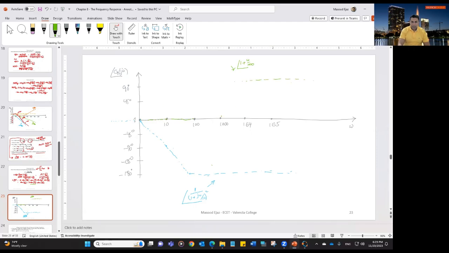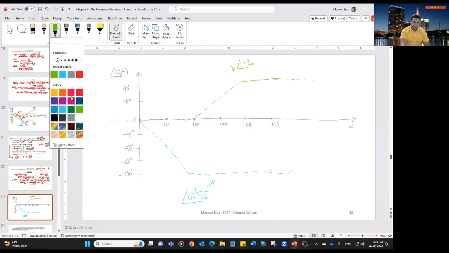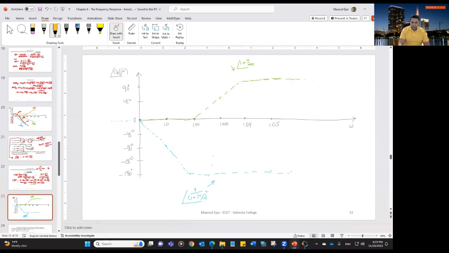And at 1000, it's going to be 45 degrees. Then I have a pole at 1000, that means up to 100, it is going to be 0. At 1000 is going to be negative 45 degrees.